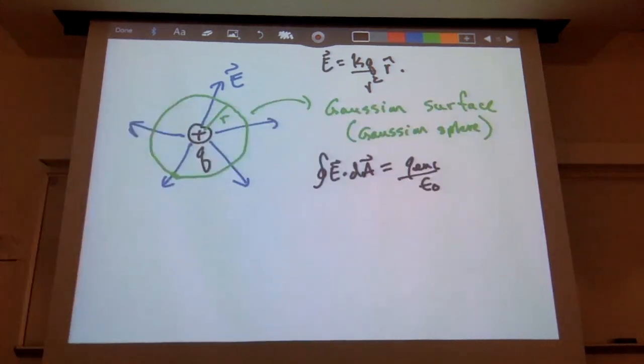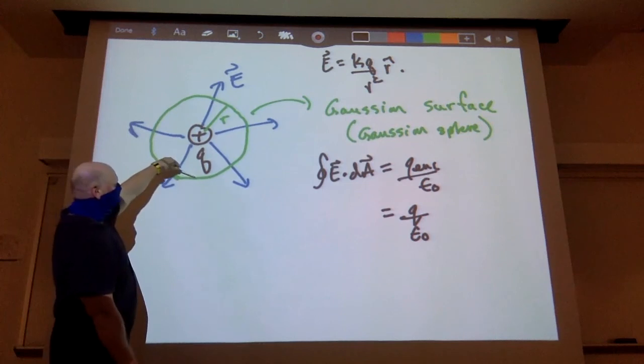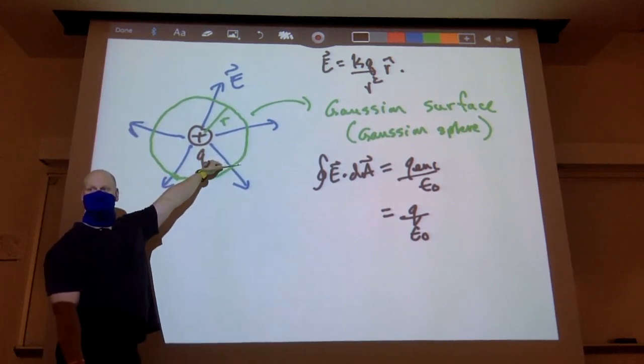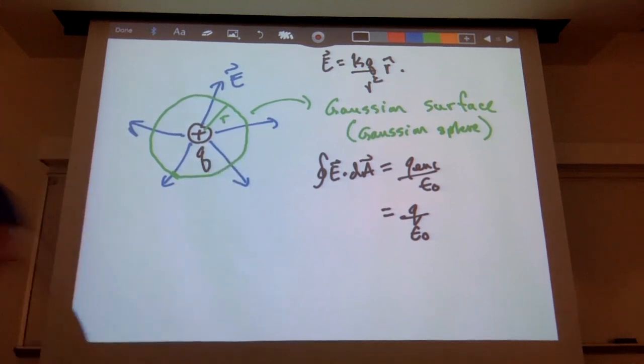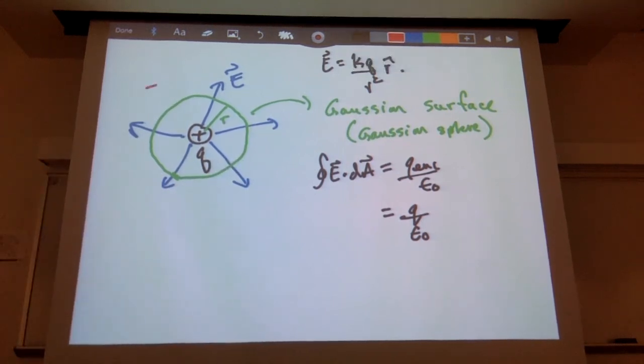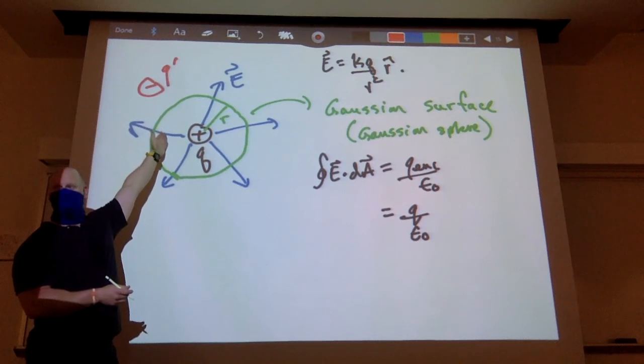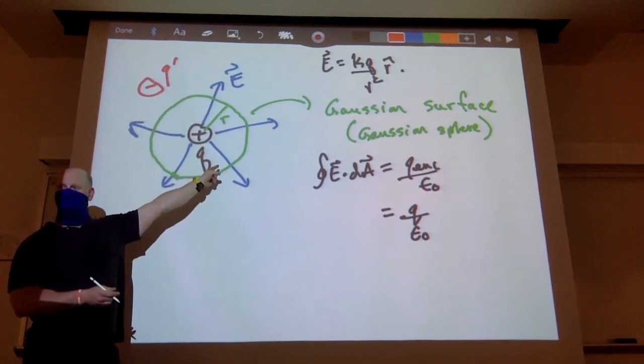Let's first look at the right-hand side. It is simply Q, because that is the only charge enclosed, divided by epsilon naught. What does Q enclosed mean? It means literally the amount of charge enclosed inside of the sphere. If I had another charge out here, let's call it Q prime, it would not show up in this expression, because Q prime is outside of the sphere which I draw.